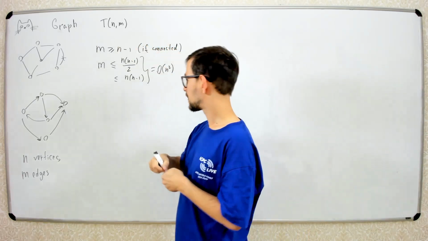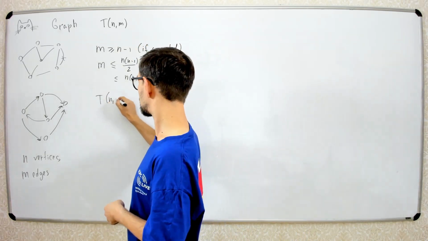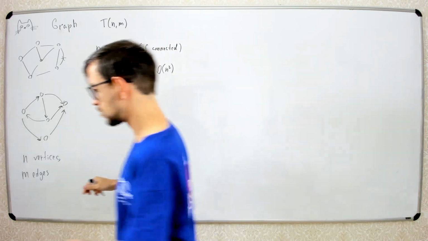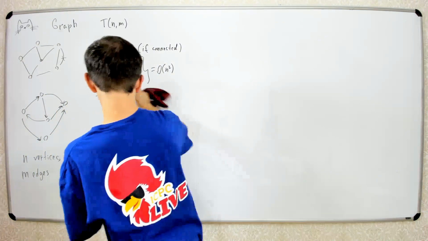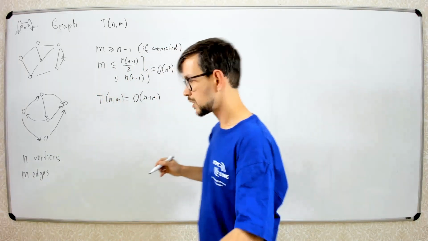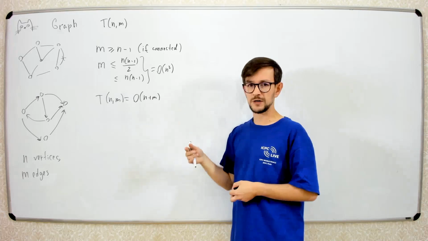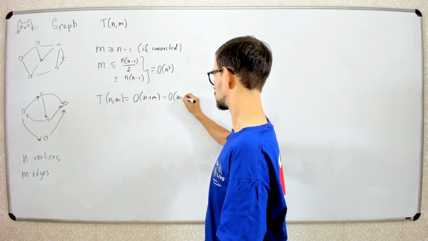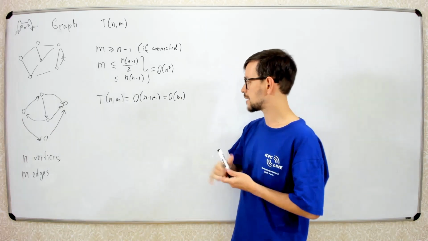For example, if the time complexity is equal to n plus m, well, let's put big O here. Big O of n plus m. So you have some linear algorithm. I will usually simply say that it is big O of m and say it is enough. Because m is greater than n.